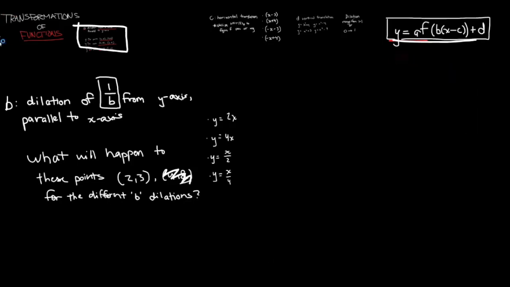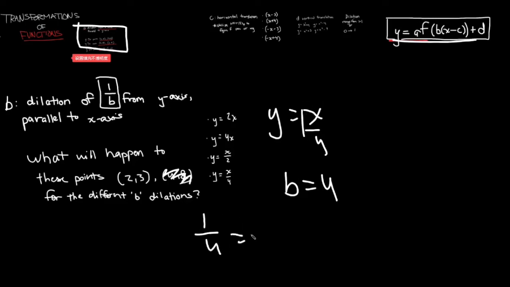And lastly, y is equal to x over 4. We identify that b is equal to 4 after putting into 1 over 4 is equal to 1 over b, and we found that by cross multiplying b is equal to 4.